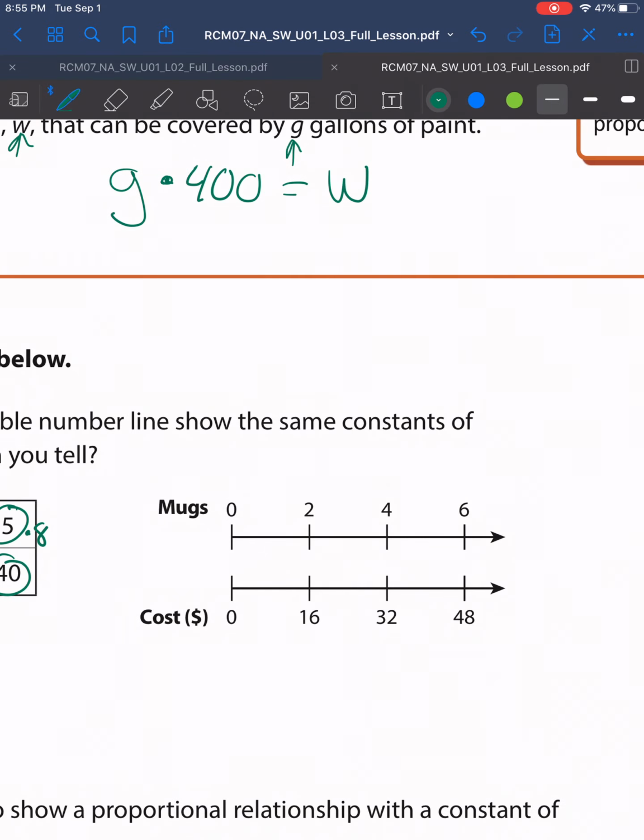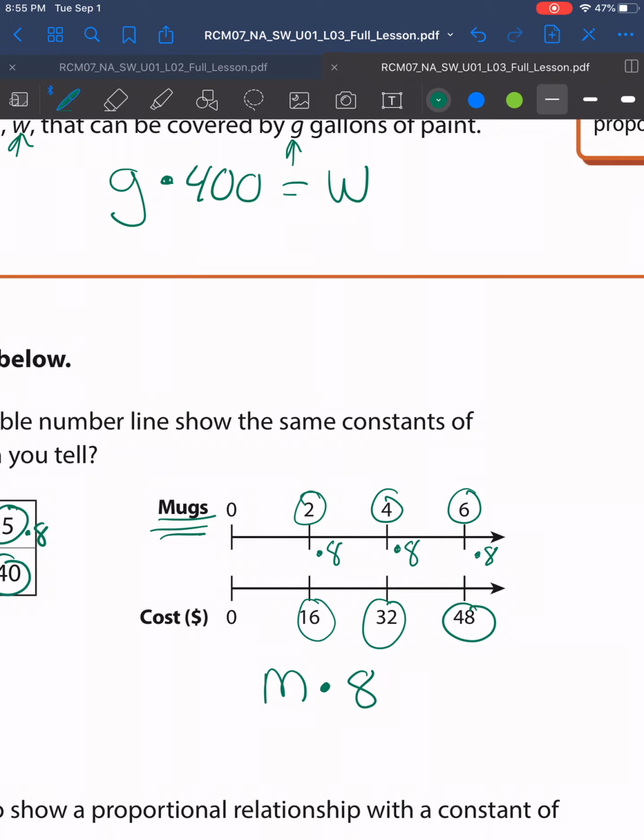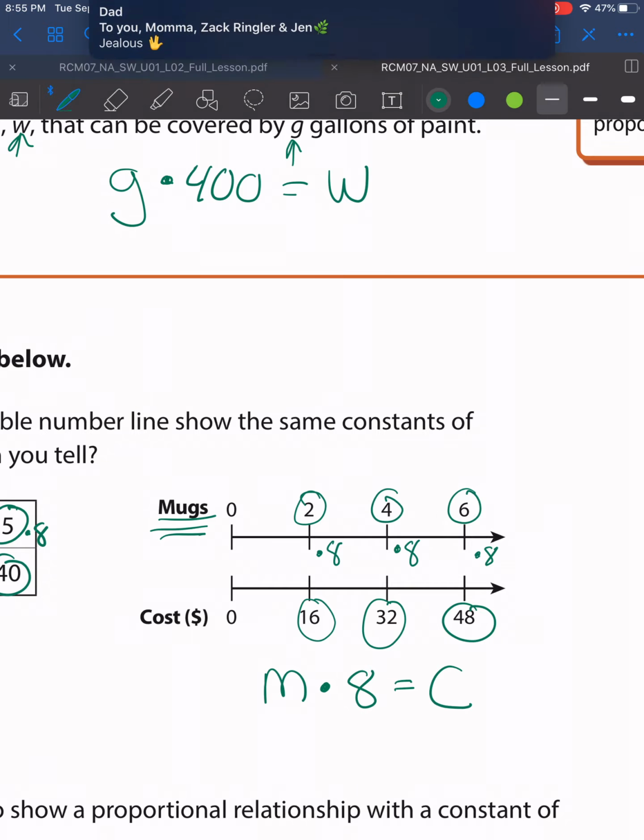Let's check on this one. How did I get from here to here? Well, I multiplied it by 8. How did I get from here to here? Well, I can also multiply that by 8. How about this one? 6 times 8 is 48. So I'd say the constant of proportionality of this one is 8 as well. I can take my number of mugs, M for mug, times it by 8, and I will get my cost.